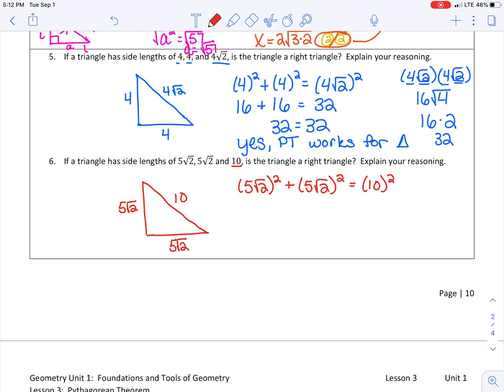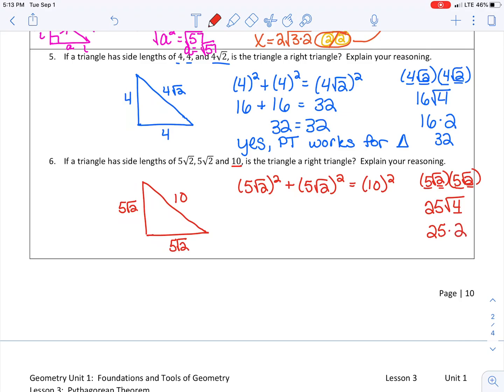Okay, so we are going to figure out what 5 root 2 is whenever you square it. We take 5 times 5 and we get 25. And then we take what's underneath our radical and multiply those together. So 2 times 2 is 4. And we need to check and see that 4 is a perfect square. So the square root of 4 is 2.